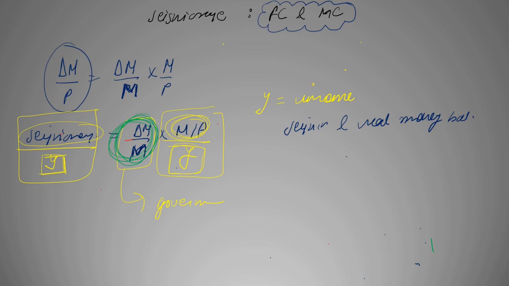But the government can only raise revenue or Seigniorage if this part is increasing or is already higher. Why? Because eventually your real money balance will directly impact your seigniorage, right?